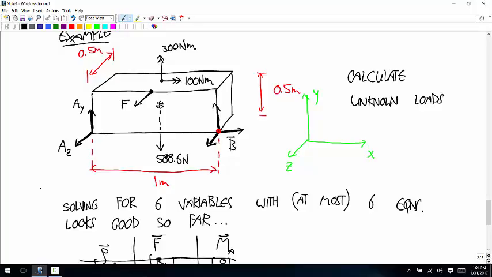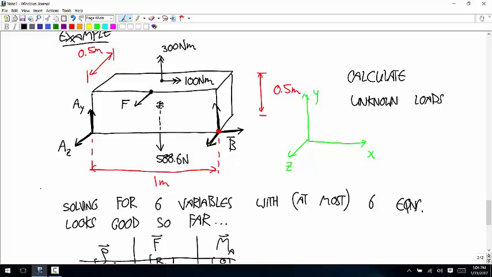Okay, so to get from the about point to the center of mass, how far do I have to go in the x direction? Half meter in the negative x direction. And then how far in the y direction? Quarter of a meter up. And then how far in the z direction?